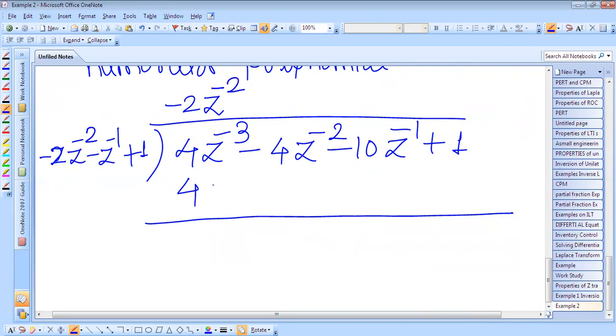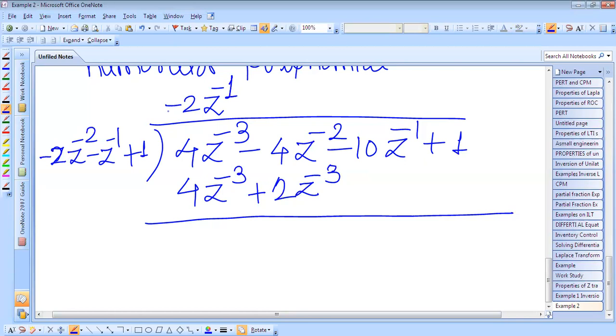Okay, so it is z raised to power minus 3, minus plus 2 z raised to power minus 3. Sorry, here it should be 1. Okay, z raised to power minus 1.